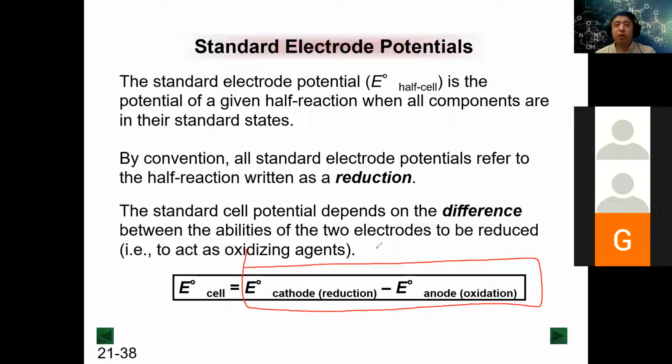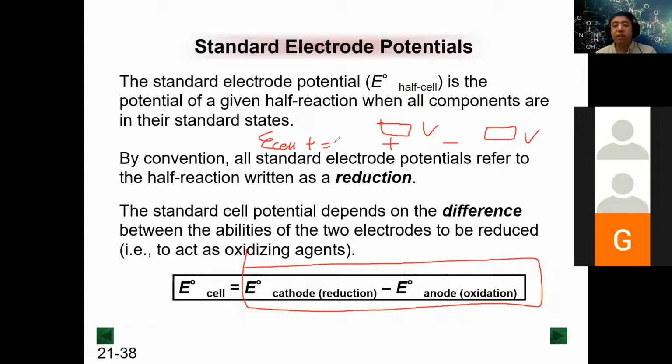The more positive one. So the best way to do this, and this is just to make sure that you don't get confused, given any two numbers when we're talking about voltages, put the more positive one on the left, subtracted by the more negative one. Simple as that. That will always give you some E cell that is positive, and that will make this reaction spontaneous. Does this make sense so far?